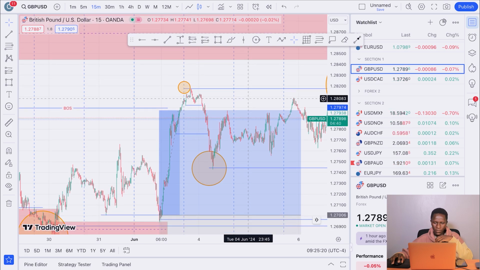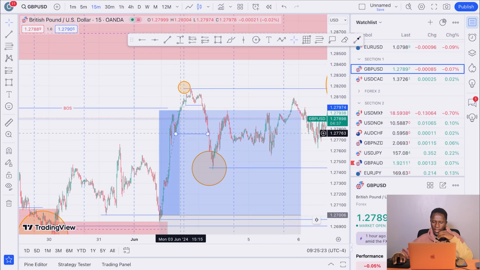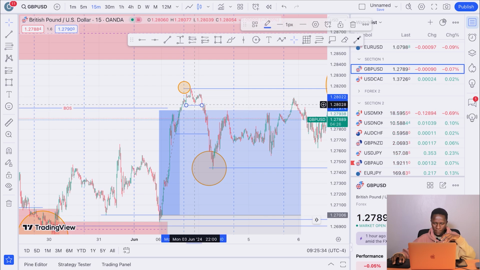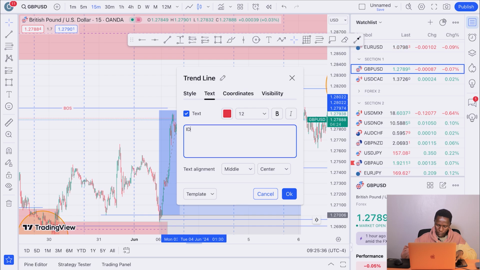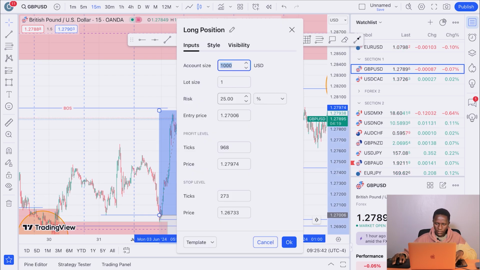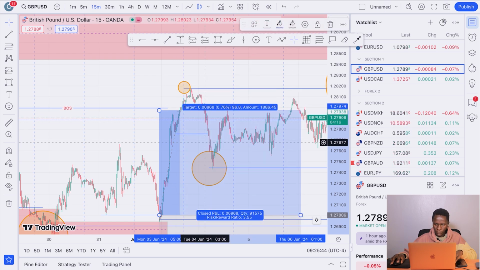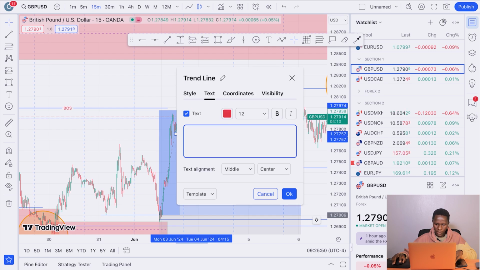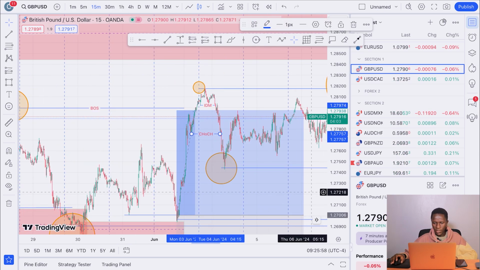After the inducement was taken out, the last lower low, like the lower high, sorry, was also broken. Like this is our IDM, our inducement. Then this low, because we didn't expect the market to come below this, when it was broken, automatically it was a change of character, or market shift, like the structure shift.